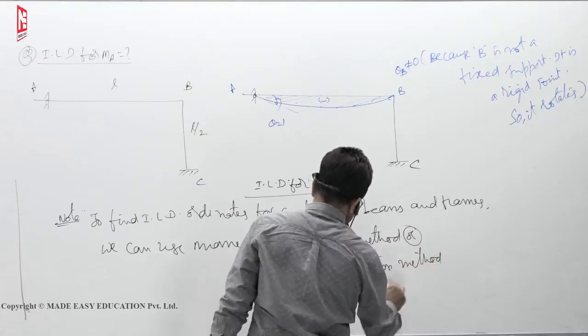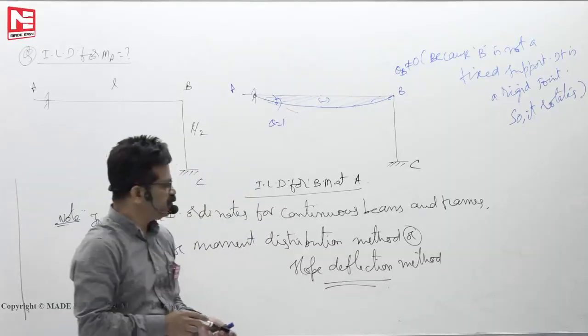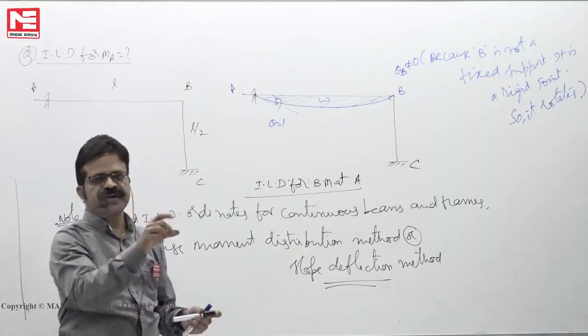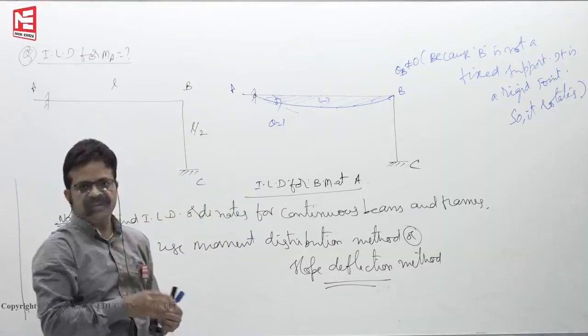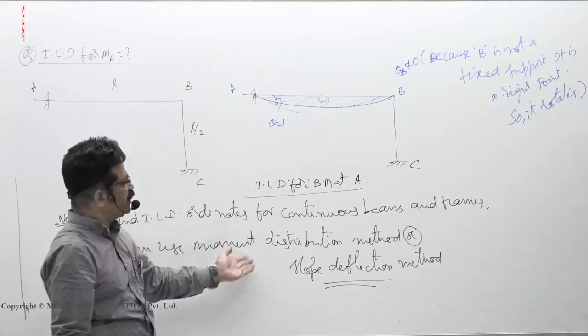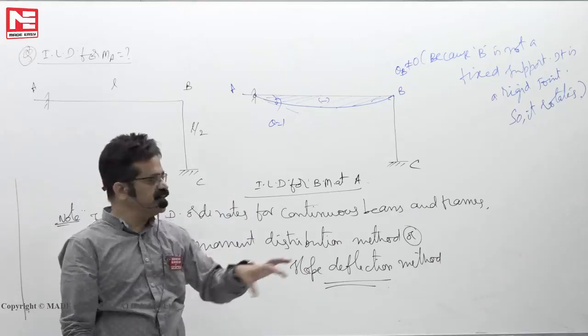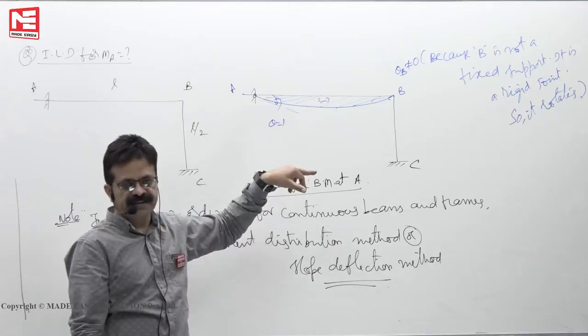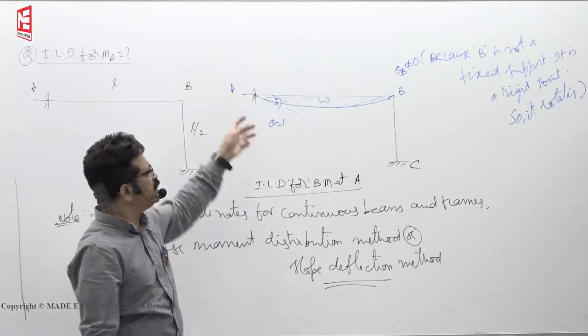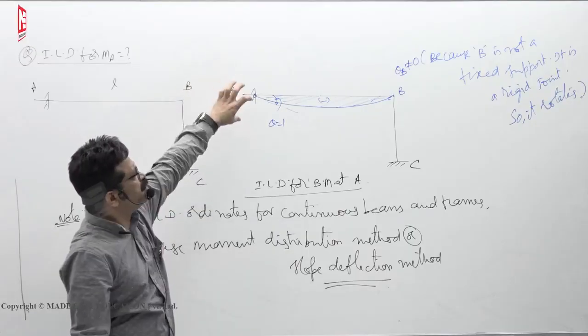In one paper, they asked this one, slope deflection method or moment distribution method can be used to find ILD ordinates. Is it correct or wrong? We have to tick it. We can use it for that. We have to use only that. That is elastic analysis, you have to make it find the ordinate. Then what Muller said was, he gives you only the deflected shape when you apply your unit rotation.